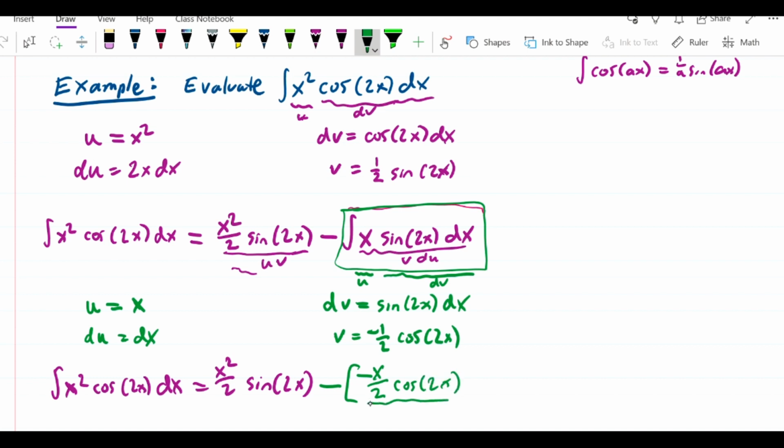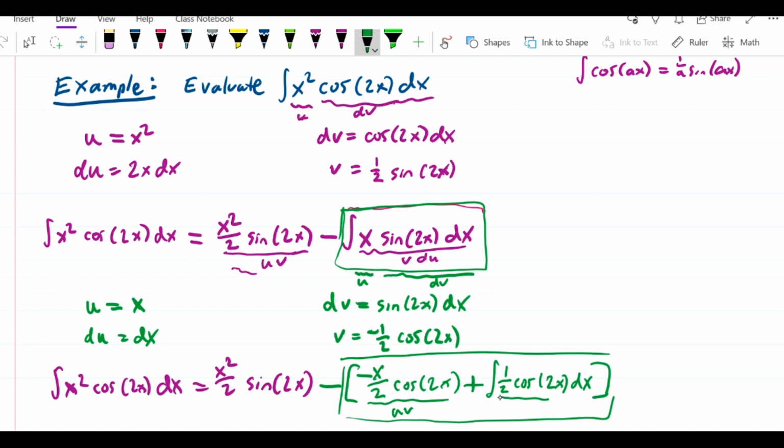In other words, this is just uv. And now plus, so I'm going to subtract now minus v du, but I've got a negative sign in that v, so I can just write a plus here. So that's going to be plus the integral of 1/2 cosine of 2x dx. So in other words, I've now replaced what's in the green box with this expression, where this is now going to be v du, like that.